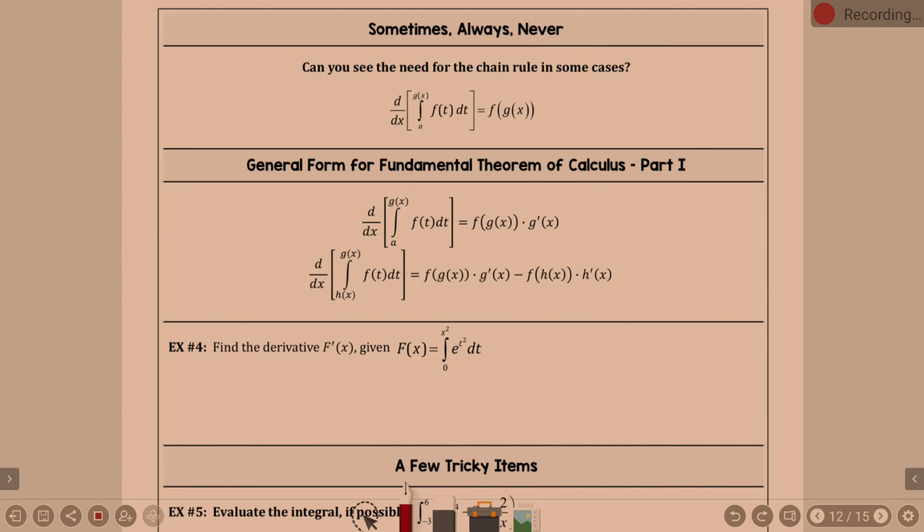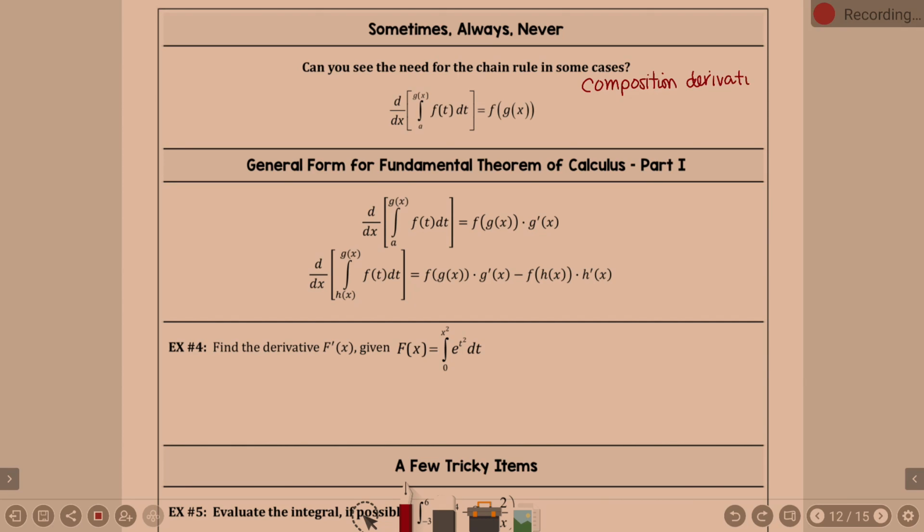Can you see the need for chain rule in some cases? And that's kind of where we just came from. When you do f of g of x, you guys remember how to do the derivative of something like that, what I would call a composition derivative? It came up on that derivative homework you had.